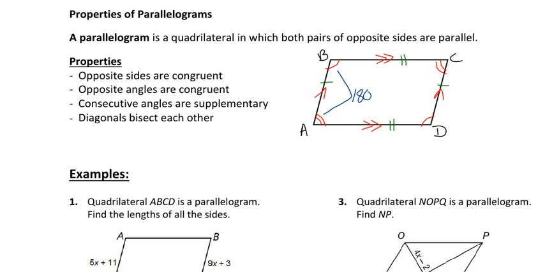And then we also have another diagonal that comes from B to D. So parallelograms have two diagonals, and I'm going to draw them here. So like that, and the other one. Okay, so both of them are intersecting here at this point, which we can call, let's say, E.